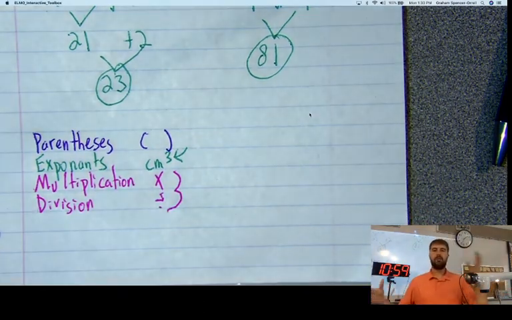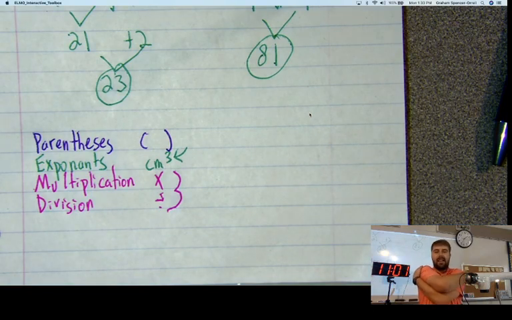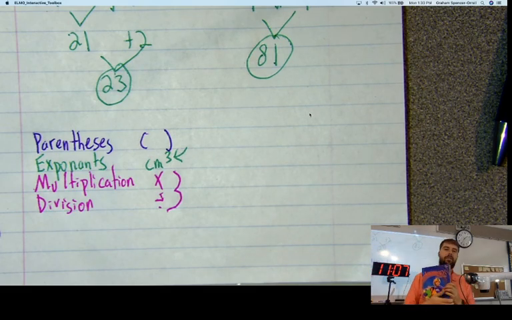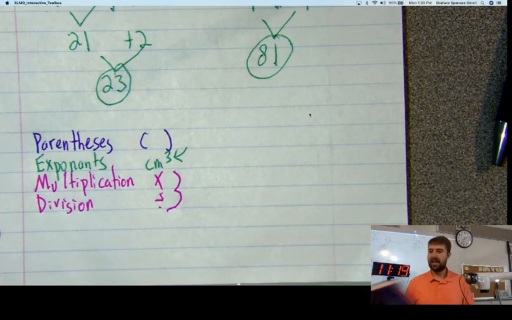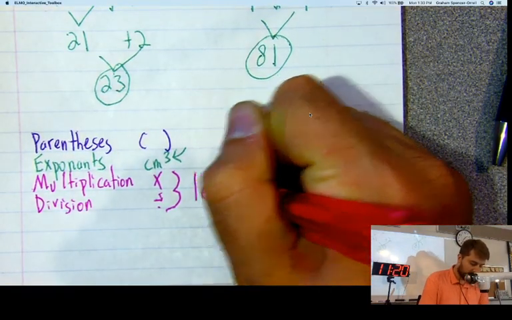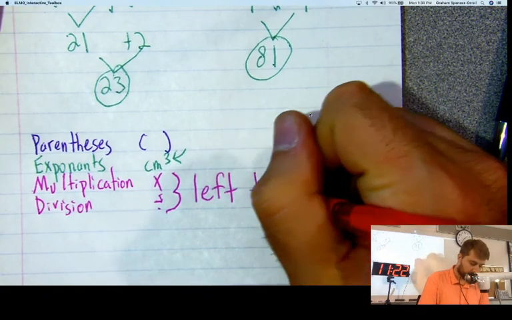We work on our multiplication and our division together like one big hug. We take them and work them in the same order. And then just like in a book where we read from left to right, we will solve our multiplication and our division from left to right. We'll put that off to the side. We've grouped multiplication and division, and now we're working left to right.